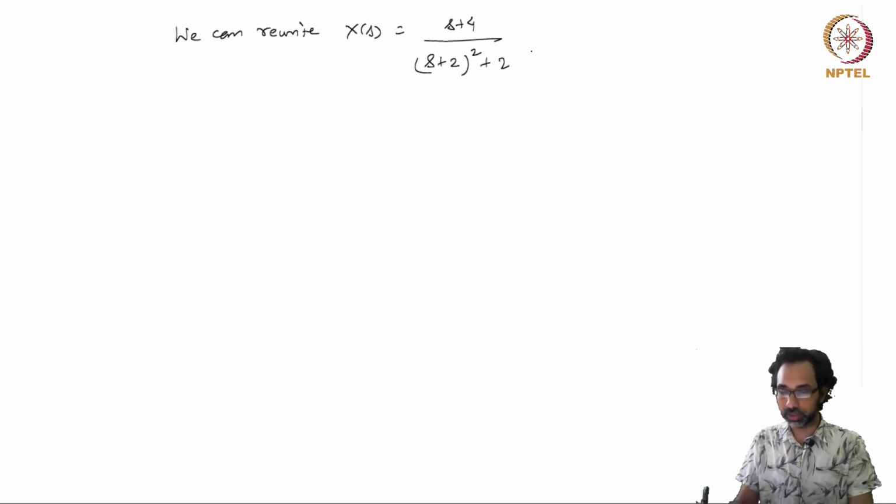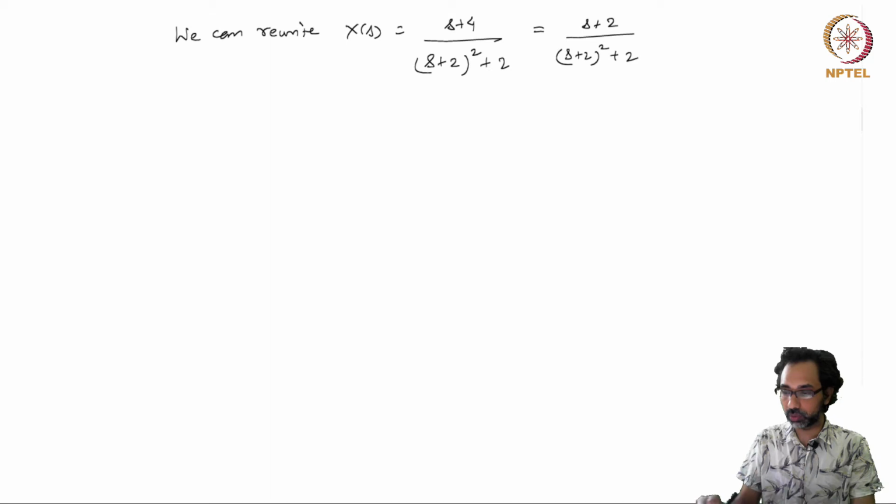The inverse Laplace transform can be easily computed by simply writing this as s plus 2 over (s plus 2) whole square plus 2, and the second term is simply 2 over (s plus 2) whole square plus 2.